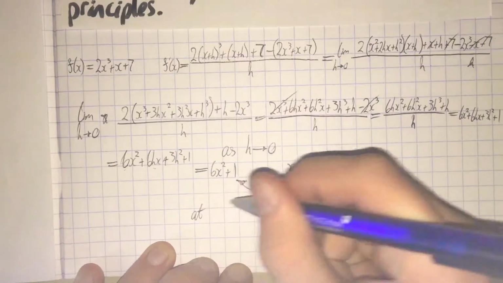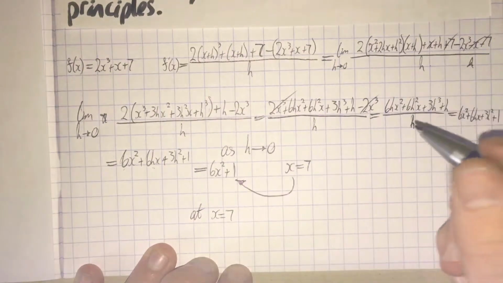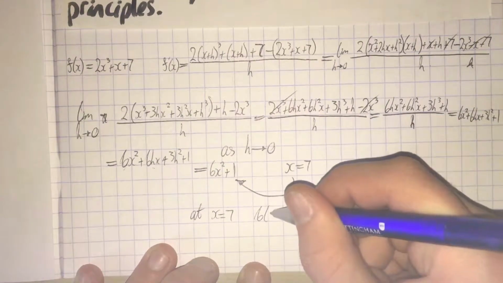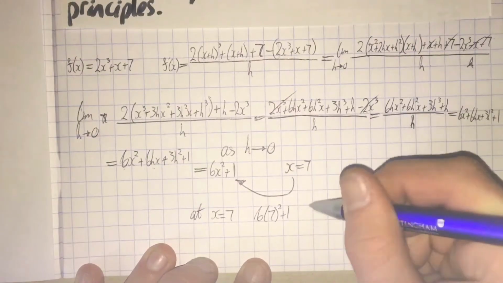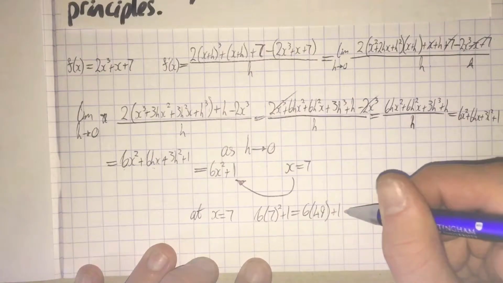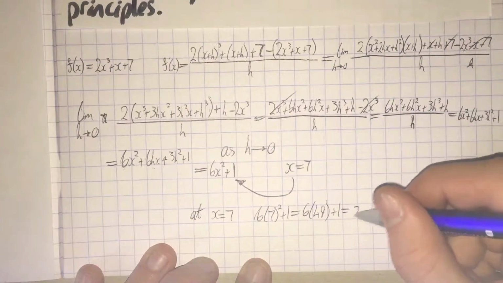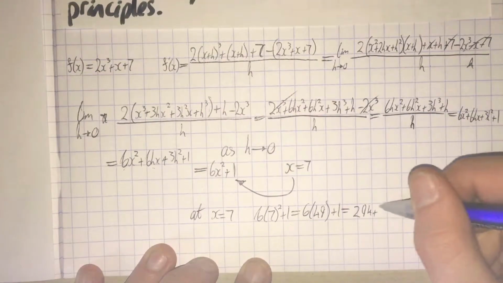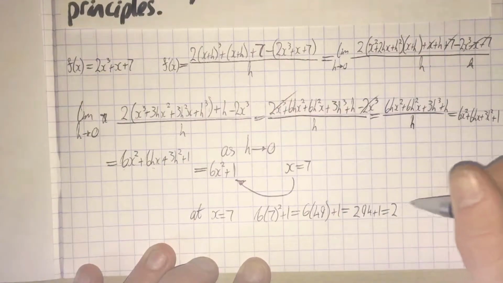So at x equals 7, we're going to have 6 times 7 squared plus 1, so that's going to equal 6 times 49 plus 1, so that will equal 294 plus 1, equaling overall 295.